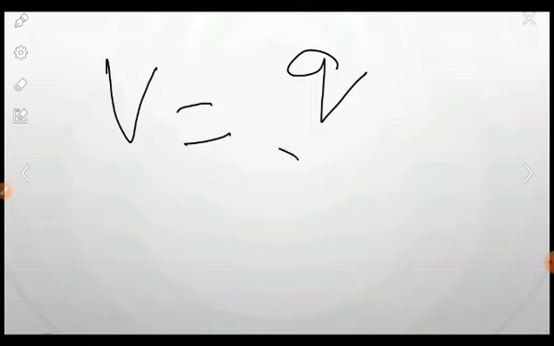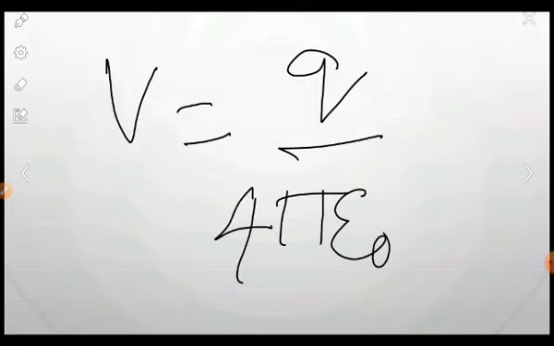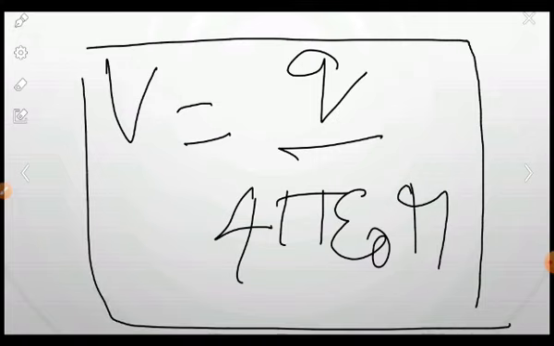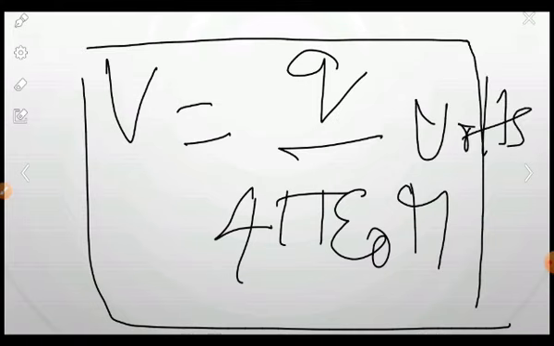Here we have potential V equals Q divided by 4 pi epsilon naught into R. So this is the electric potential due to a point charge, and the unit is volts.